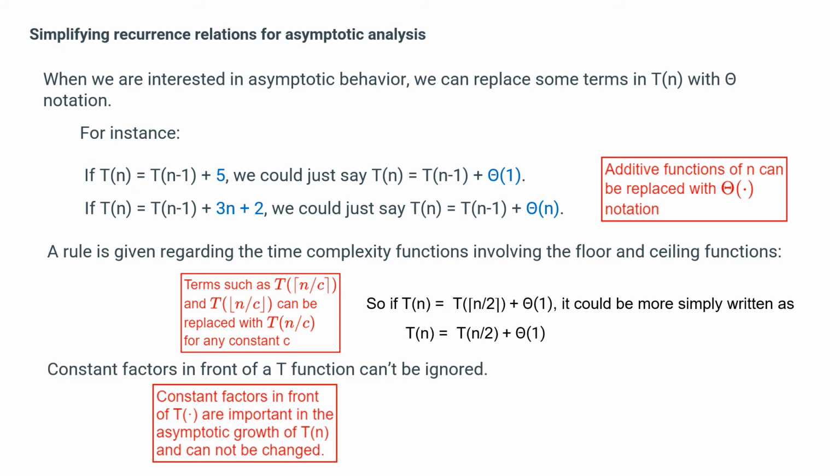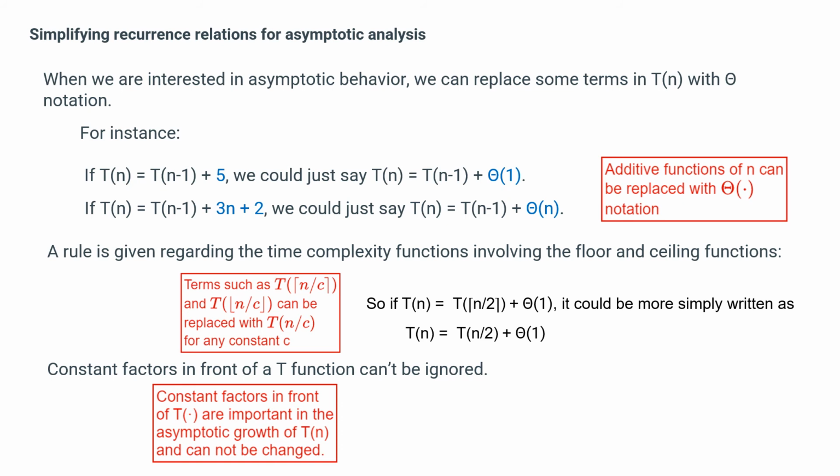Also, though, there's another thing that we have to know if we're going to be simplifying these recurrence relations, and that is constant factors in front of a T function can't be ignored. So you'll see what I mean here in a minute.